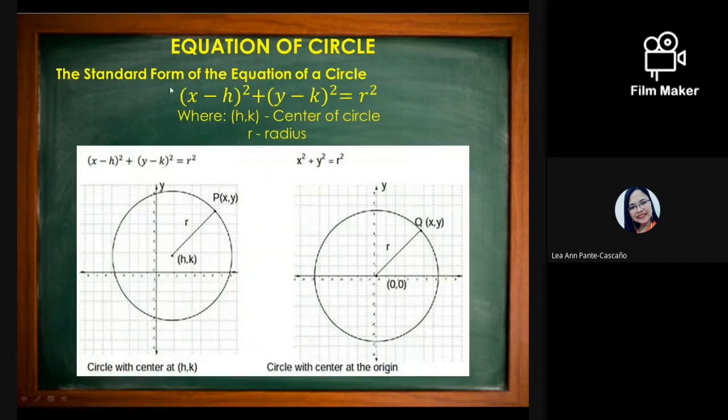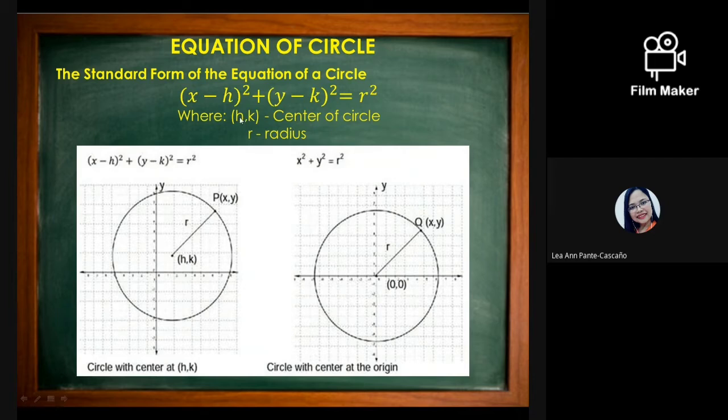The standard form of the equation of a circle is (x minus h) squared plus (y minus k) squared equal to r squared, where (h, k) is the coordinate of the center of a circle.